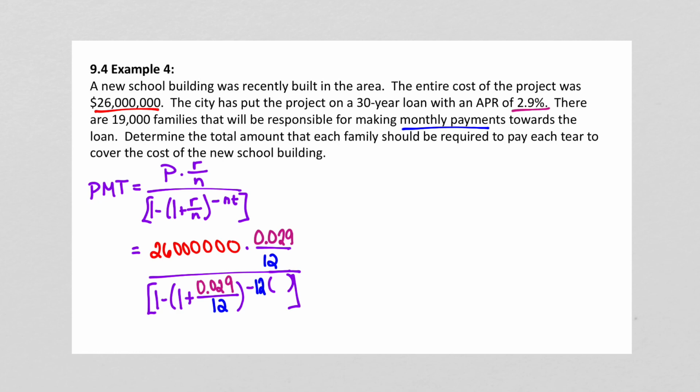And it says for a 30-year loan, so T is 30. Comes out that our payment is $108,219.79. That's the monthly payment.